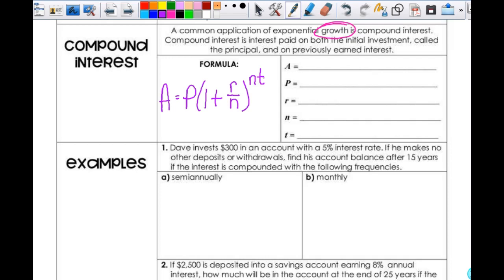A is your total balance at whatever time you are trying to calculate for. P is the principal or initial amount.